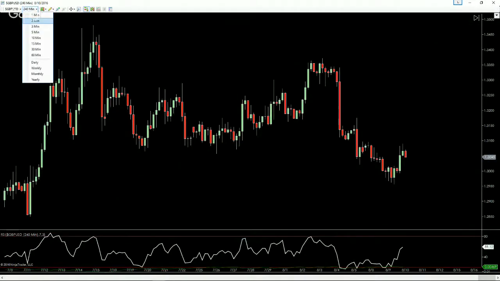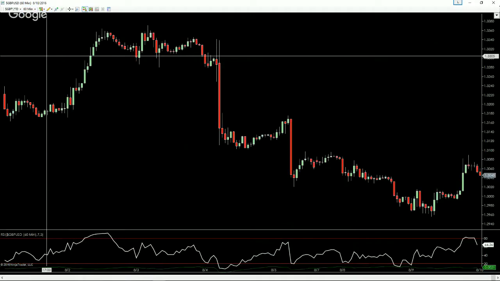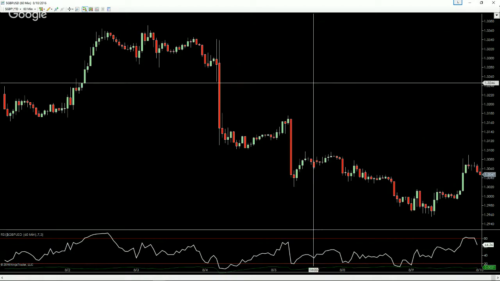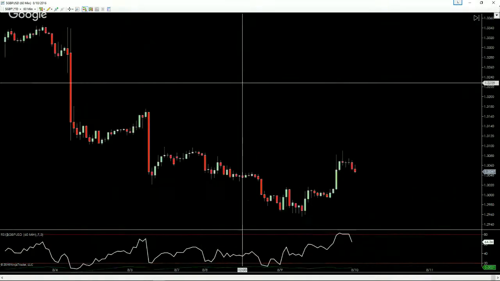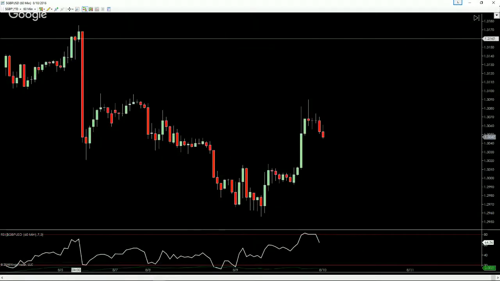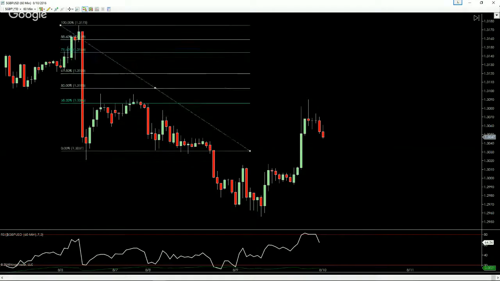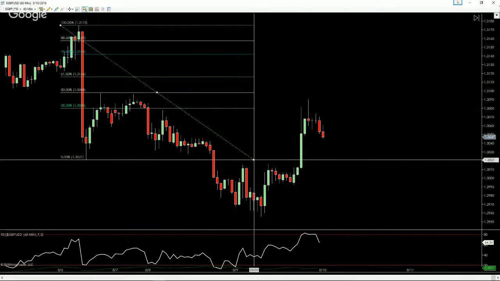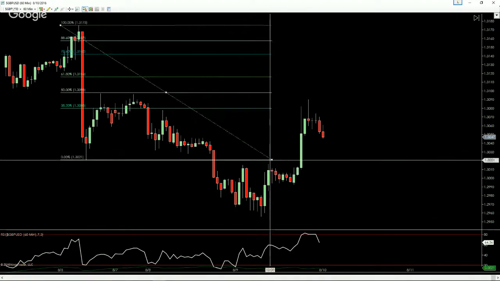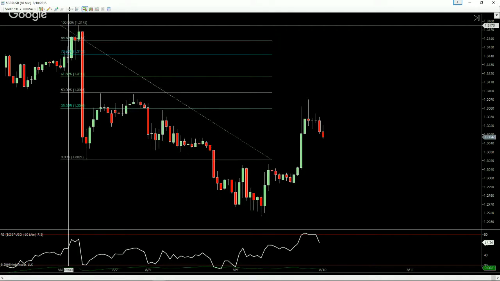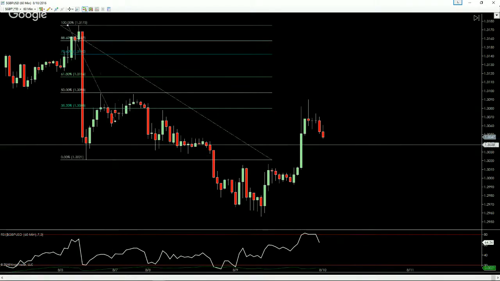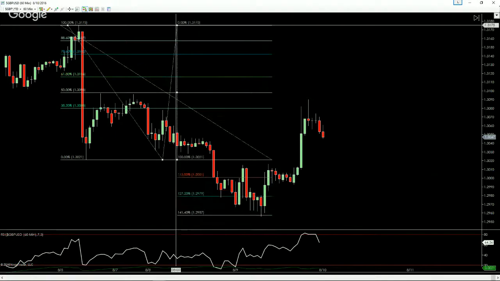Nothing on the 240. Let's go to the 60. There's a smaller one right here. It's better seen on the 15-minute, but I did see it right here. Possible cipher pattern.